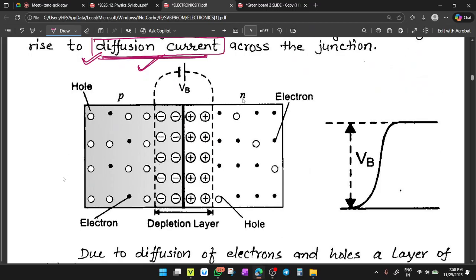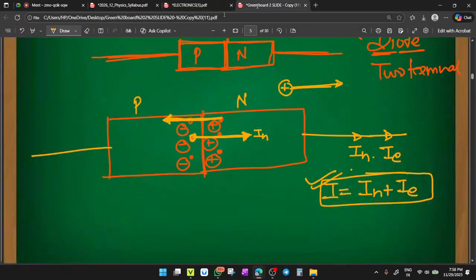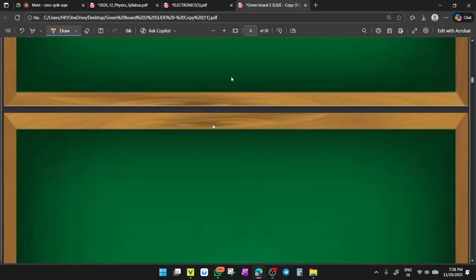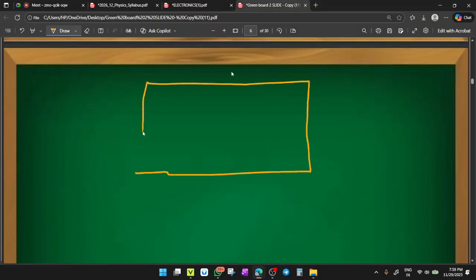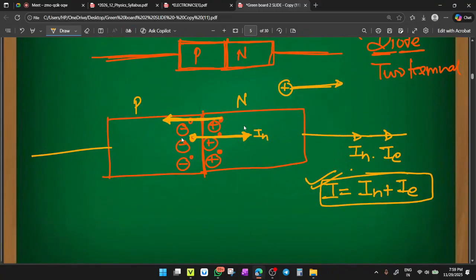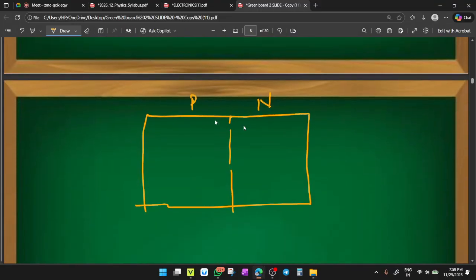This is P region. This is N region. Now you see, after some time, this is P part and this is N part. Now, P part has negative immobile ions with holes. Only negative immobile ions will be left, because all the holes near the junction have recombined.